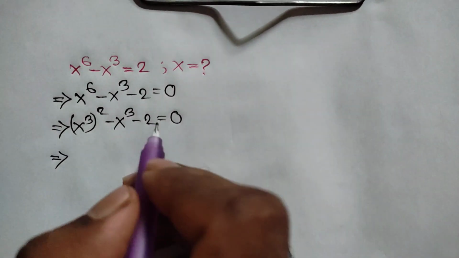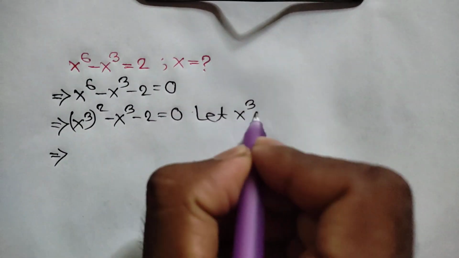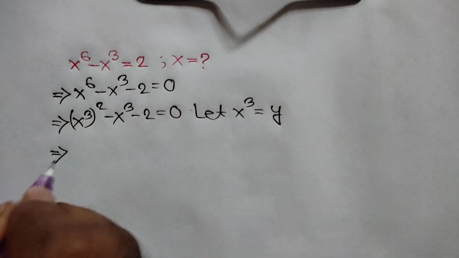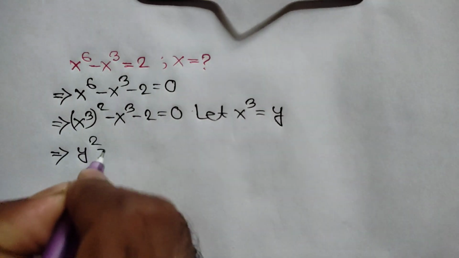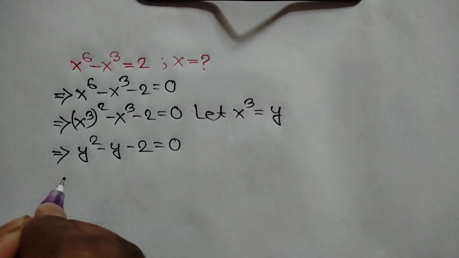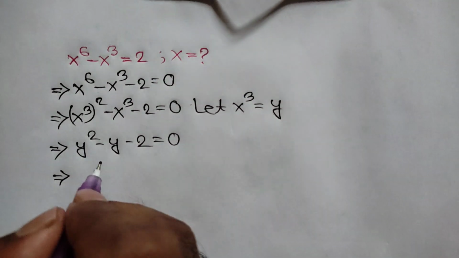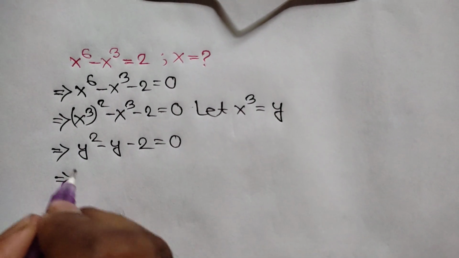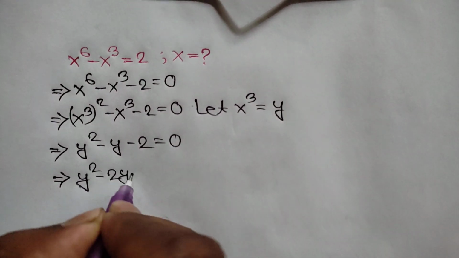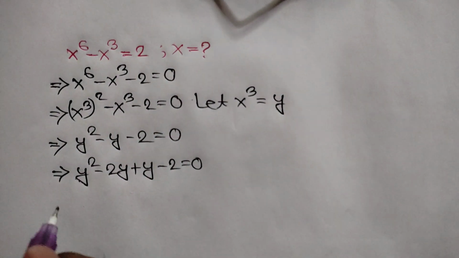Now let x cube be equal to y. So our equation is y square minus y minus 2 is equal to 0. Now we can apply the middle term breaking rule, so we can write y square minus 2y plus y minus 2 is equal to 0.